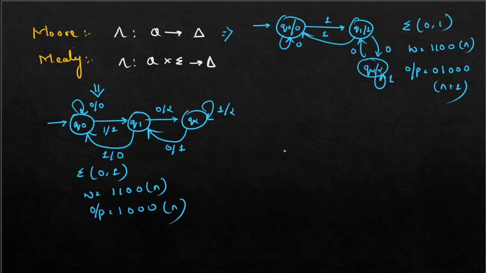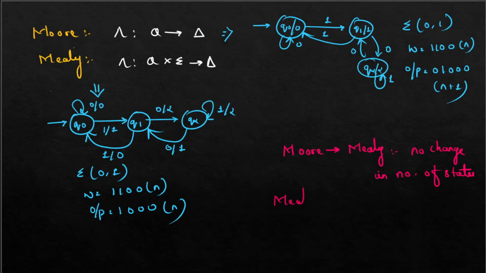If you convert Moore to Mealy, there is no change in the number of states.